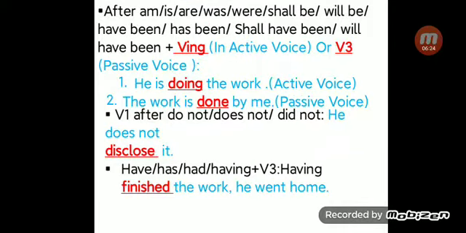After am, is, are, was, were, shall be, will be, have been, has been, shall have been, will have been, plus verb plus ing in active voice or V3 in passive voice. Example: he is doing the work, active voice; the work is done by me, passive voice. Verb 1 after do not, does not, did not: he does not disclose it.